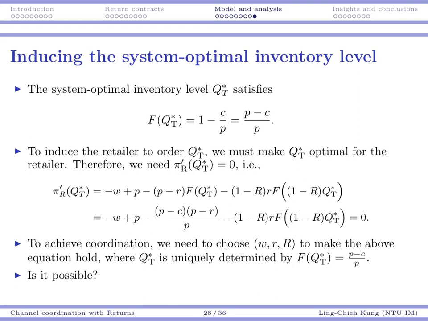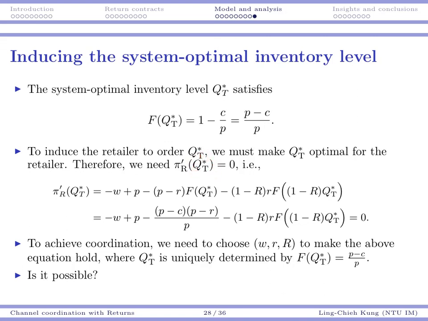If Qt star satisfies the retailer's first order condition, then it's perfect. It means the retailer is going to feel that the system optimal order quantity is also optimal to himself, and then the retailer will order the system optimal quantity.